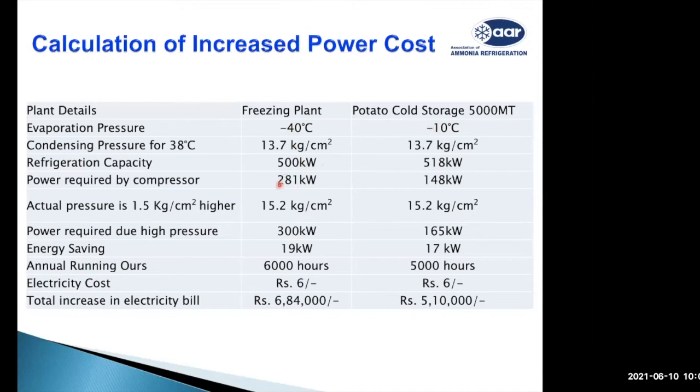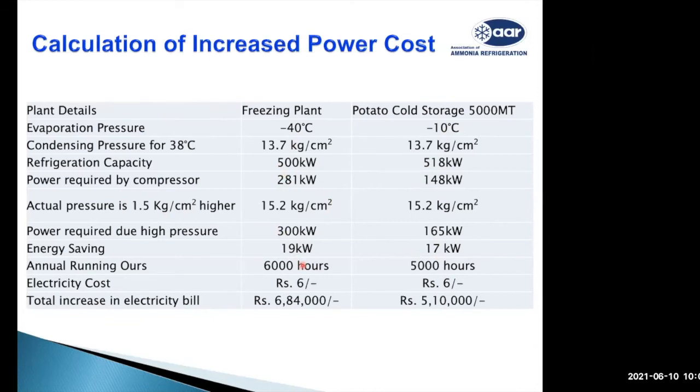For a freezing plant, power required is 281 kilowatt. Potato cold storage is 148 kilowatt, and actual pressure is around 1.5 kg higher than the design pressure. The excess power was 19 kilowatts, whereas in potato cold storage it was 17 kilowatts.